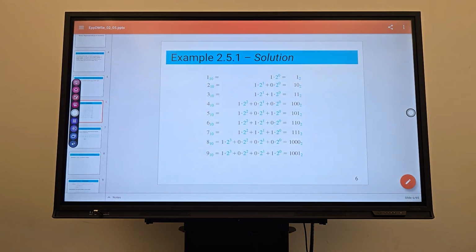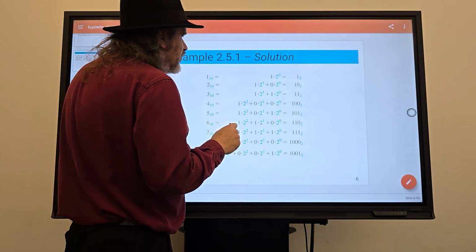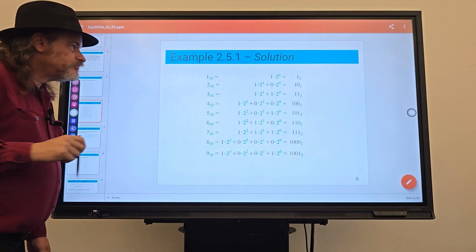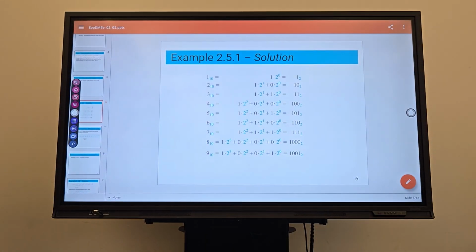So technically, what's going on in the conversion from decimal to binary is the addition of powers of 2. You take the base of the number system you're using, and each place is a power of that base.